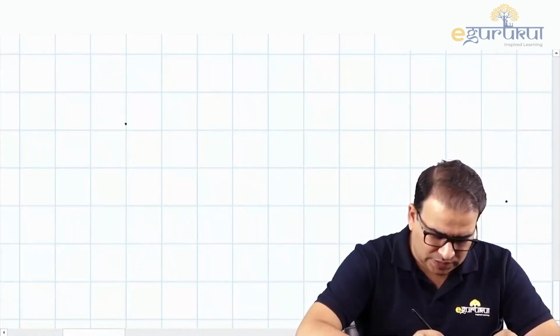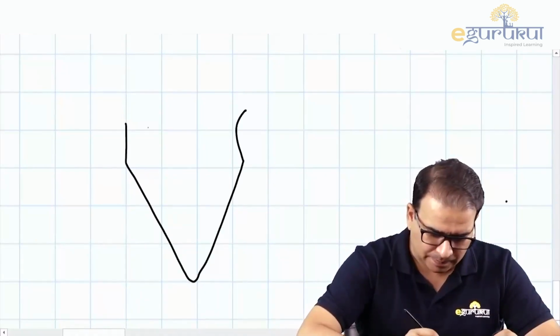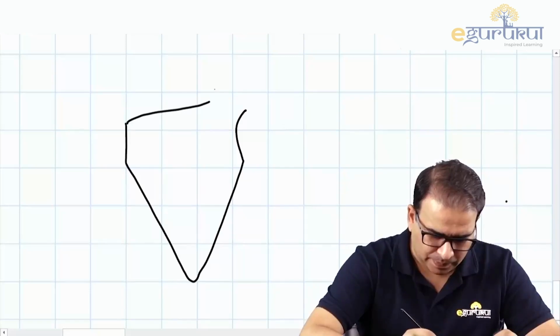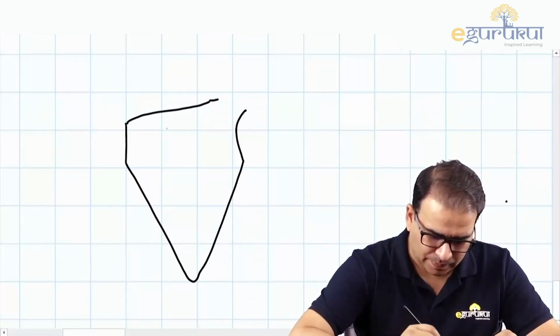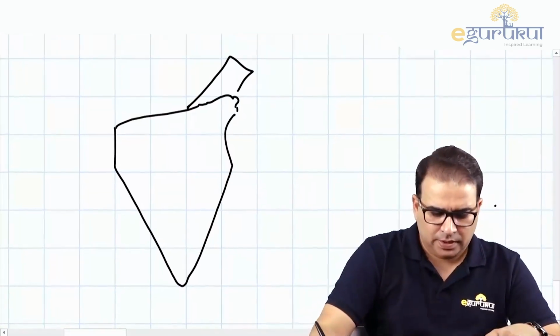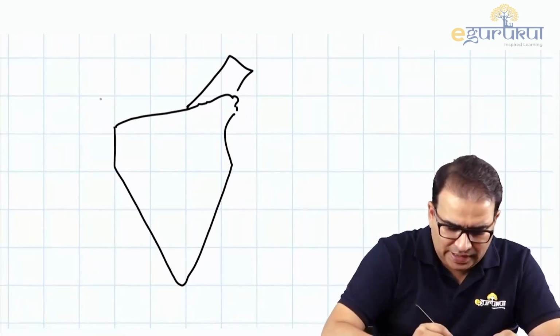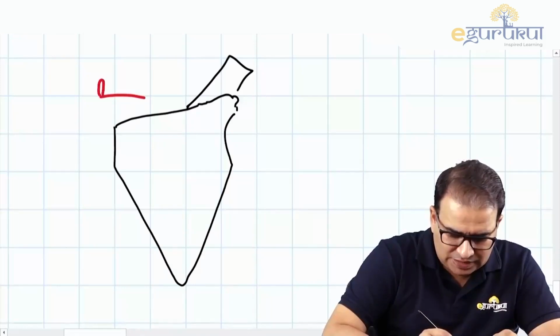So let's presume this here is a scapula. Right? So we have an axillary artery, the first part of the subclavian artery, which is somewhere here.